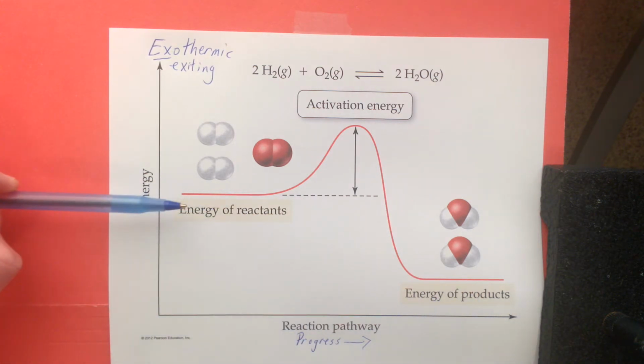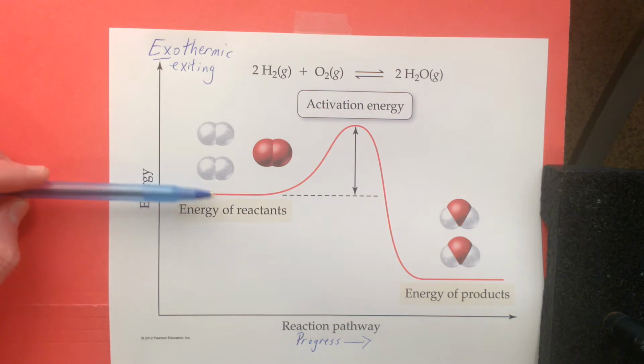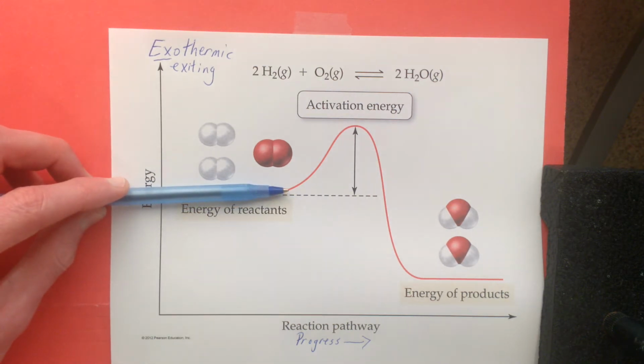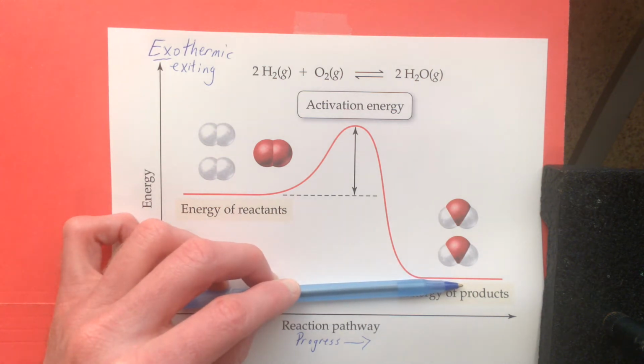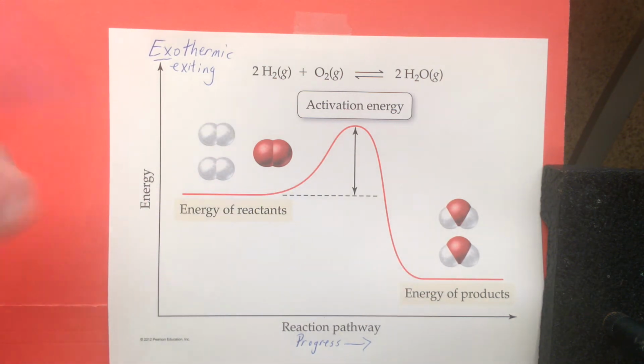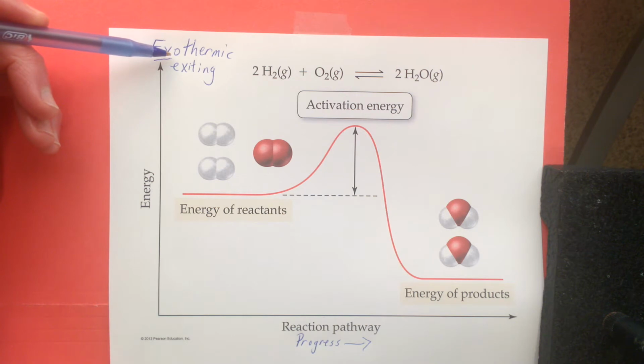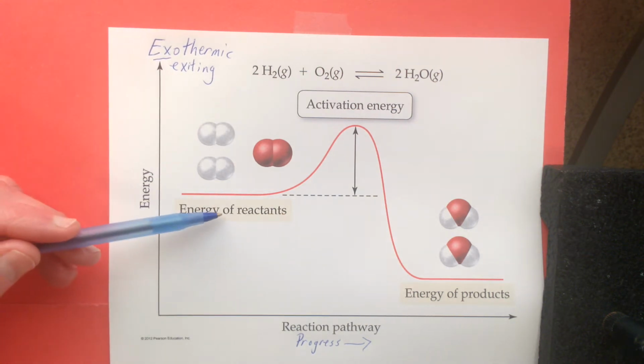When we look at this profile diagram, we notice that the energy of the reactants is greater than the energy of the products. That is customary for an exothermic reaction. In an exothermic reaction, the reactants will have the greater energy value.